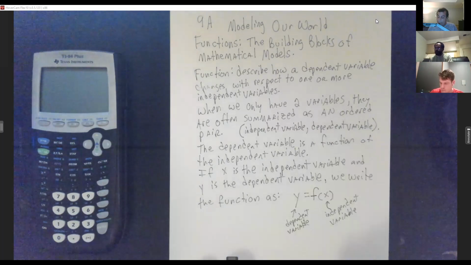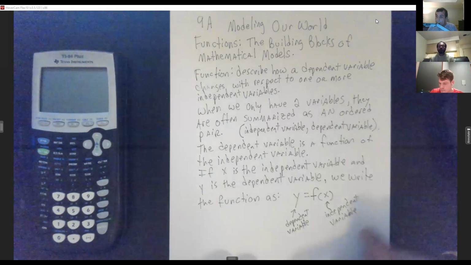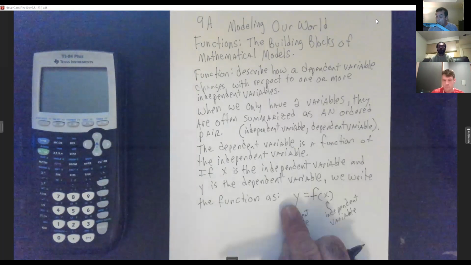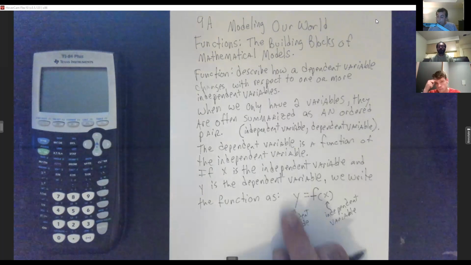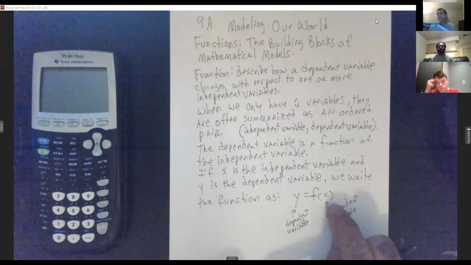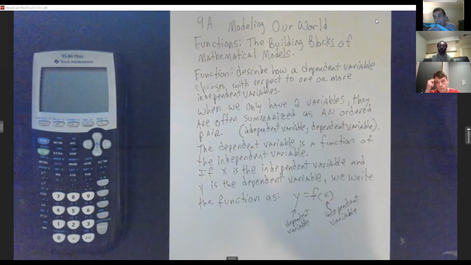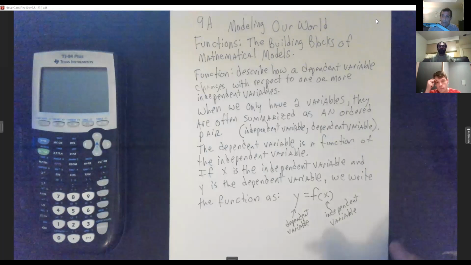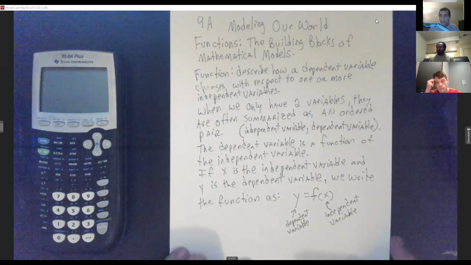Okay, so remember, it's always the independent variable that's being hit with the function. The Y is where we're always going to put our dependent variable. So this variable depends on what we put into the function from those independent variables. All right, so I'm going to flip my page if y'all got that.